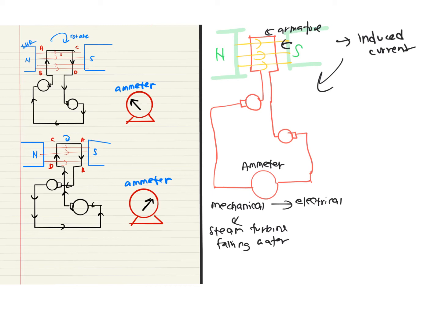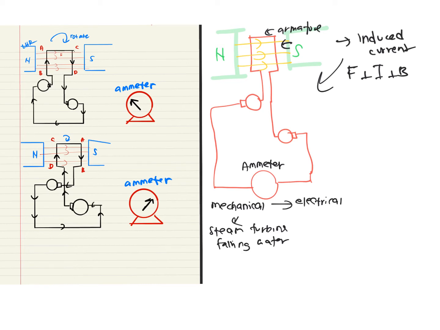I'm encouraging students to use the left hand for the induced current with the same FIB. So F is perpendicular to I, perpendicular to B. The force is the thumb, the second finger is your current, and the middle finger is your magnetic field. I'm using the left hand.